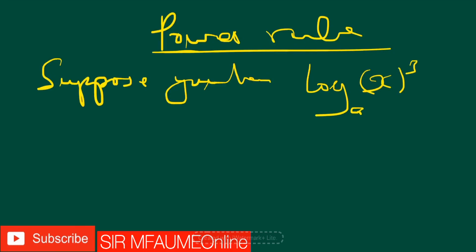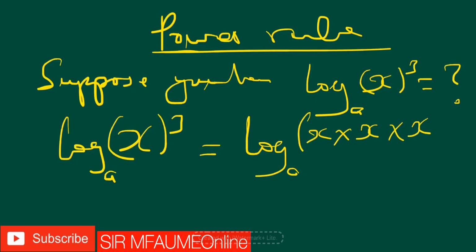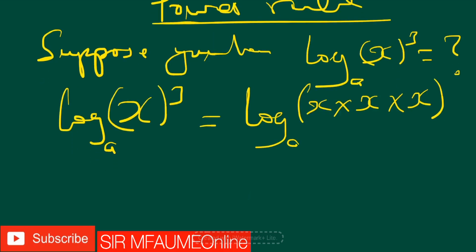We need to know what this will be equal to. So log of x exponent 3 under base a will be the same as log under base a of x times x times x. This is what we call x exponent 3.